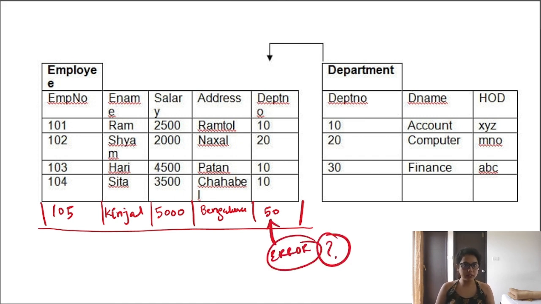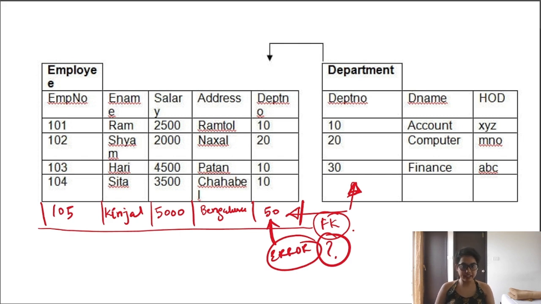Why? Because I have associated my department number with the department number of the department table. So I have made the department number column of the employee table a foreign key, which refers to which table? The department table, primary key, which is the department number.